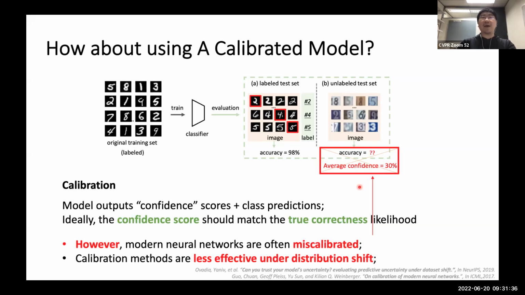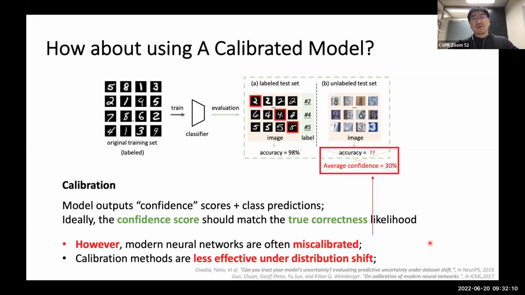This is a very active field of research, how to do model calibration on out of distribution data. It's quite challenging, and so far we don't have a very satisfying solution. So the idea of using a calibrated model to estimate model performance on unlabeled test sets is still not very feasible. Okay, so how about other solutions?